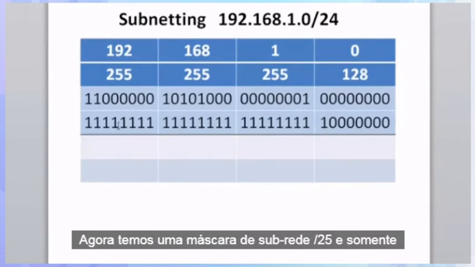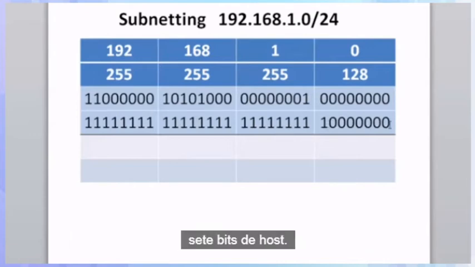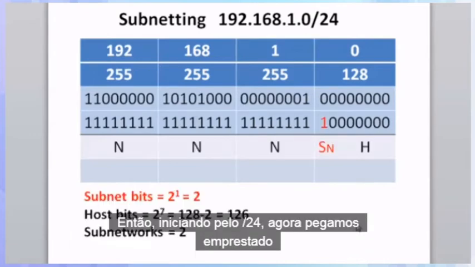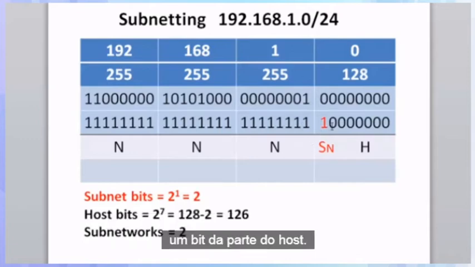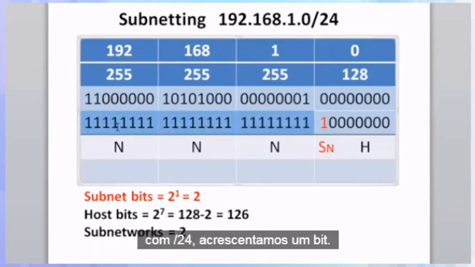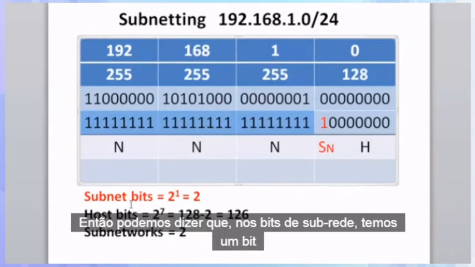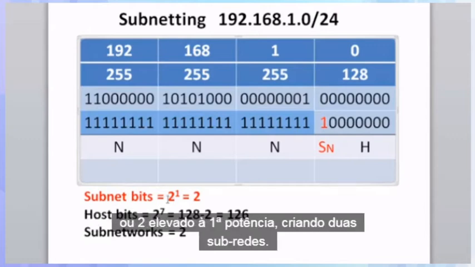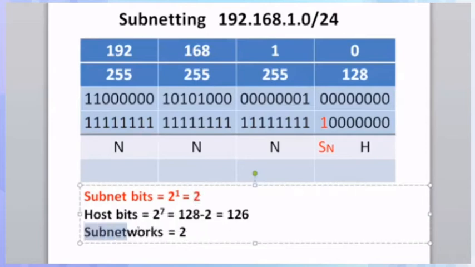We now have a /25 subnet mask, and we only have 7 host bits. So, starting from a /24, we have now borrowed 1 bit from the host portion. We call this 1 bit a subnet bit. If we look at it from the perspective that we started with /24, we've added 1 bit. So for subnet bits, we now have 1 bit, or 2 to the first power, creating 2 subnetworks.